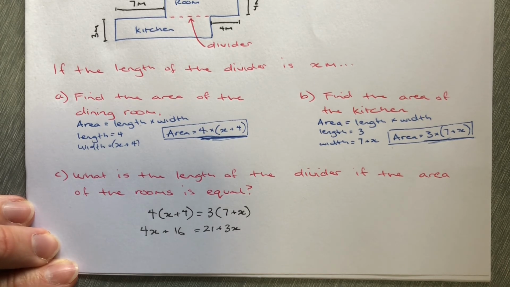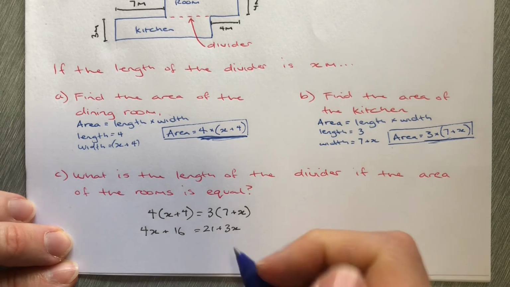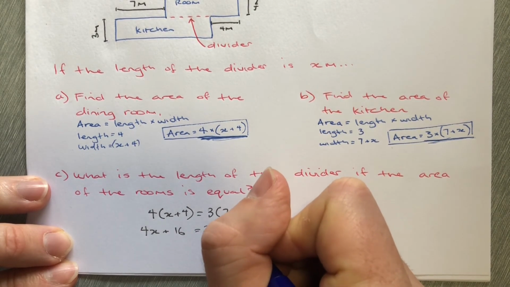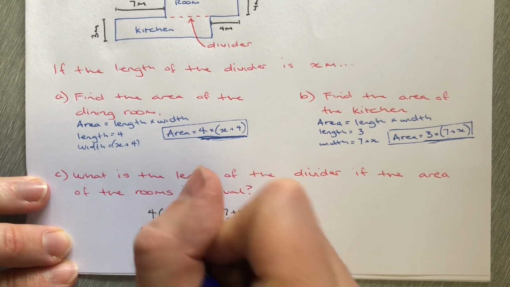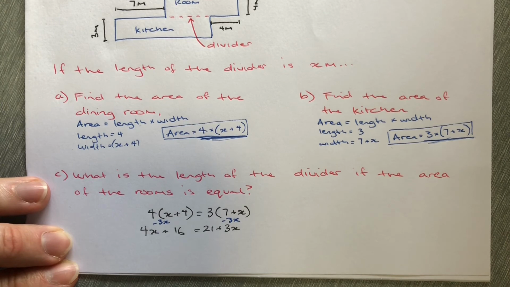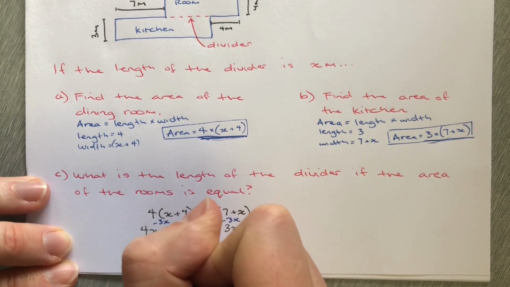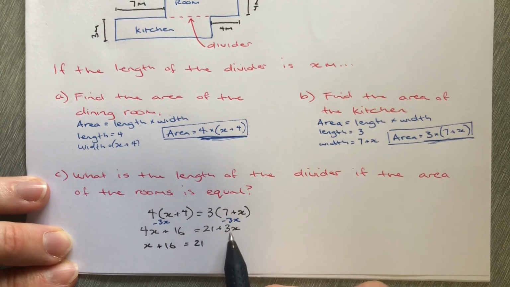So I want to get rid of this 3x because I only want x's over here. So I might write down minus 3x. Have to do that to the other side too. Minus 3x. So that gives me x plus 16 equals 21, and the plus 3x and minus 3x will be gone.